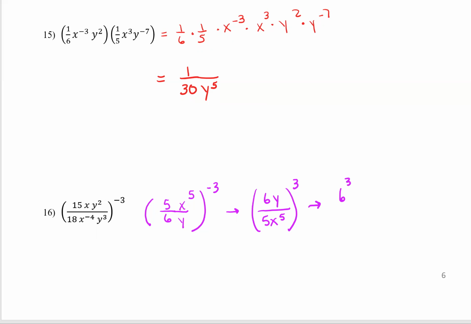So I have 6 cubed y cubed divided by 5 cubed x to the 15th. And then a power to a power, we multiply. And then we'll just simplify. 6 cubed is 216. Y cubed over 125 x to the 15th.